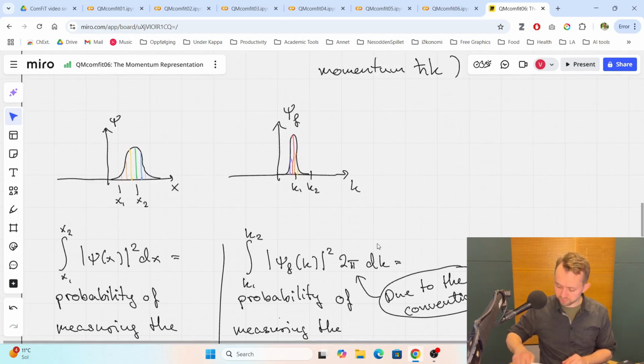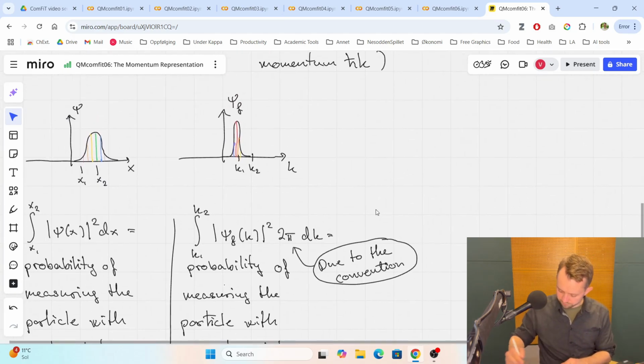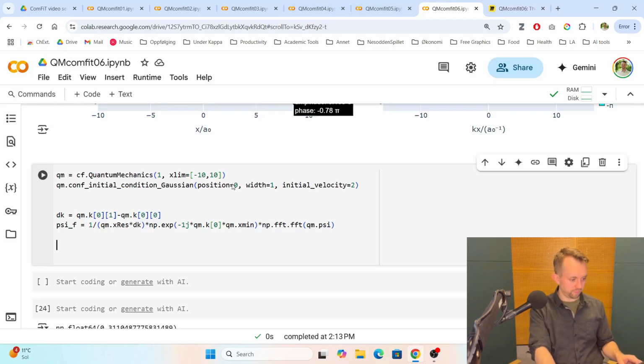So in particular, it means that if it's properly normalized, then we should have that the integral from minus infinity to infinity of psi f conjugate psi f over 2 pi dk is equal to 1. So let's just check that first.